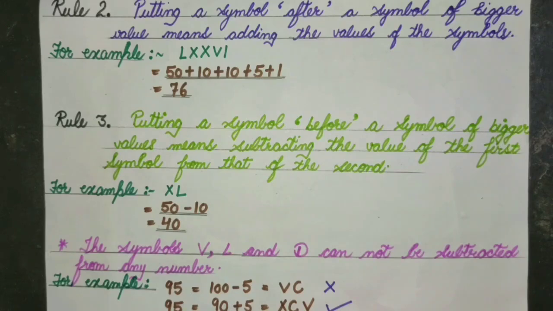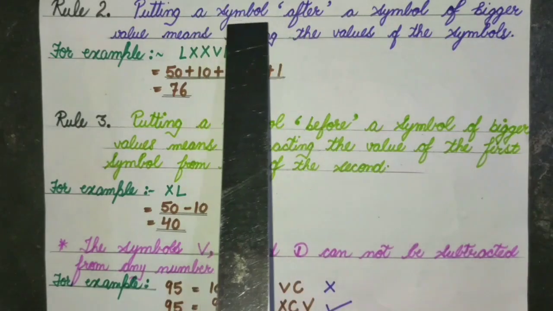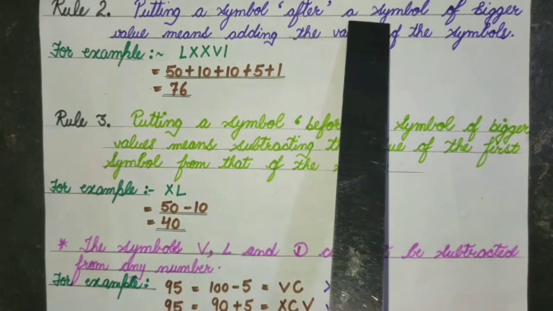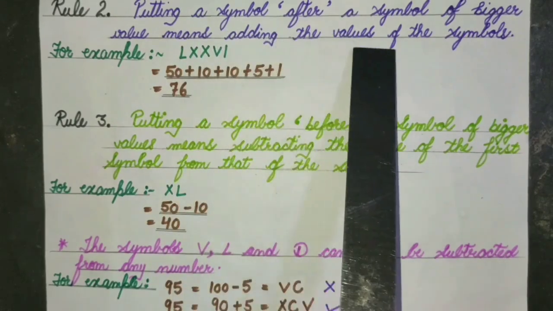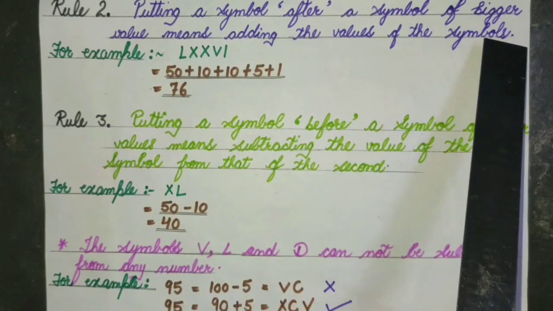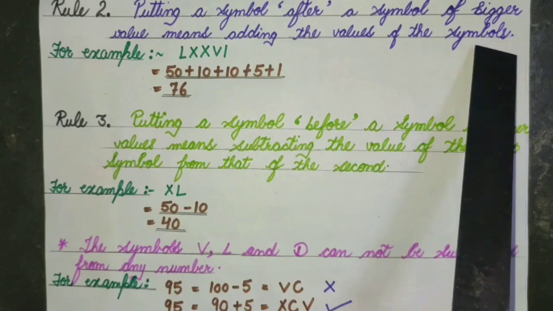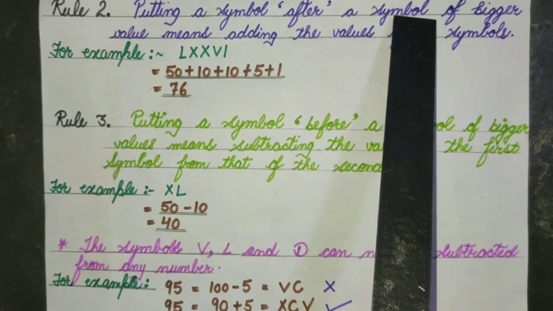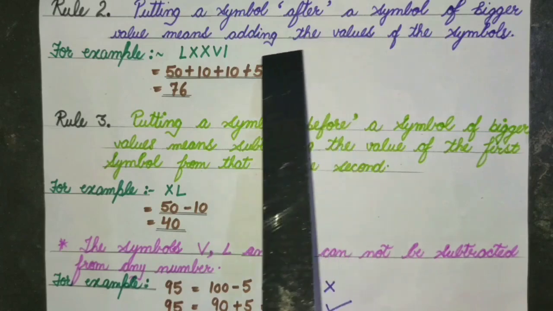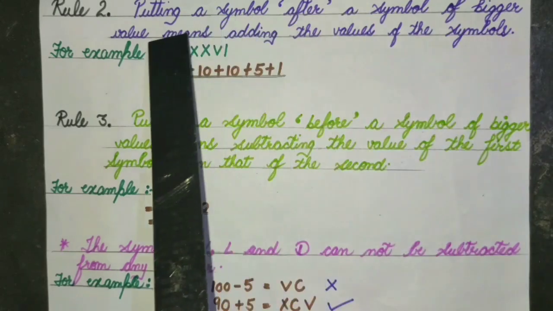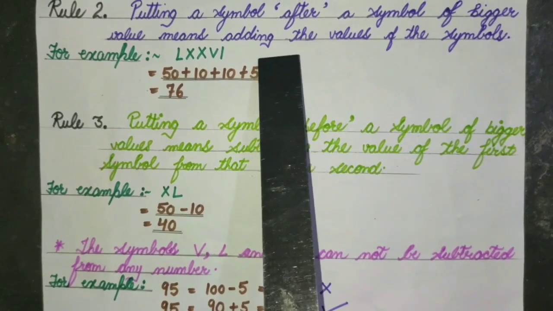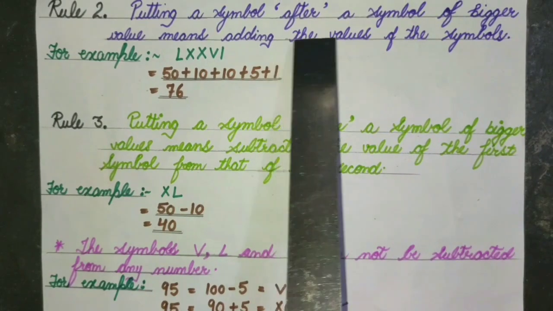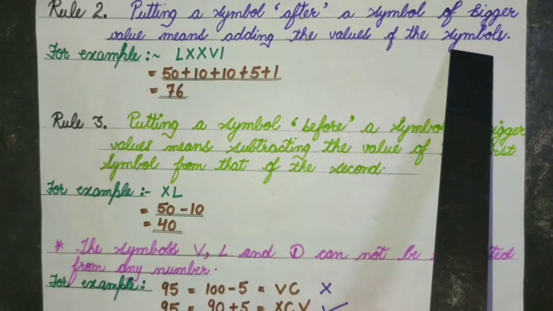Rule 2 is the rule of addition. Putting a symbol after a symbol of bigger value means adding the values of the symbols. It is saying that when we use a symbol after a symbol of bigger value, we are adding the values of the symbols.